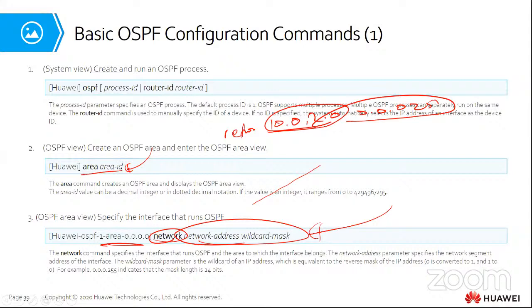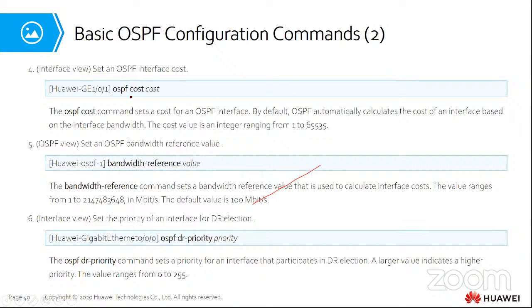It's not really advertising anything. It's only saying if an IP address lies in this area, enable OSPF on the interface where that IP address has been put. That's why we use a wildcard mask and not a subnet mask. You can set the OSPF cost at interface level using ospf cost and you specify the cost. We talked about the bandwidth reference, which by default is 100 megabits per second.